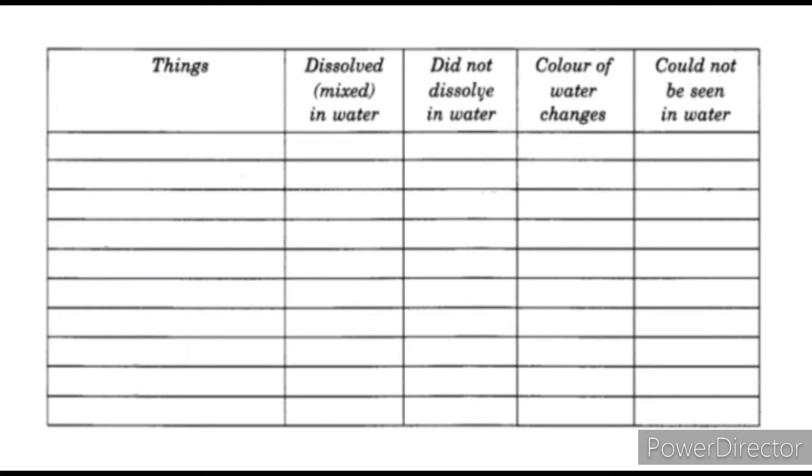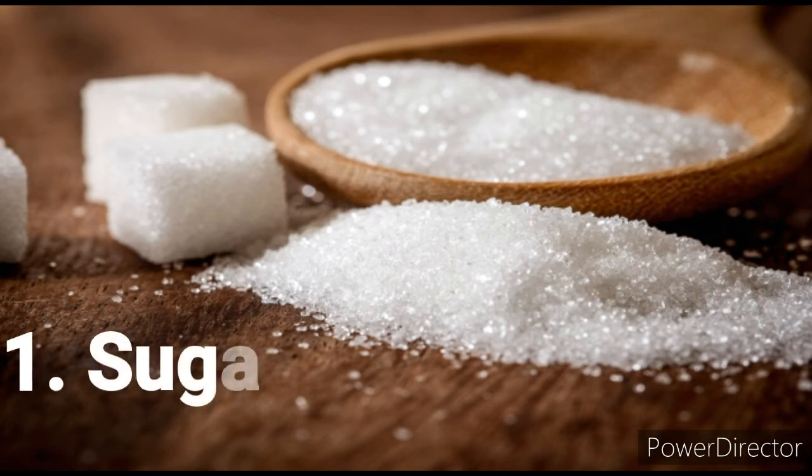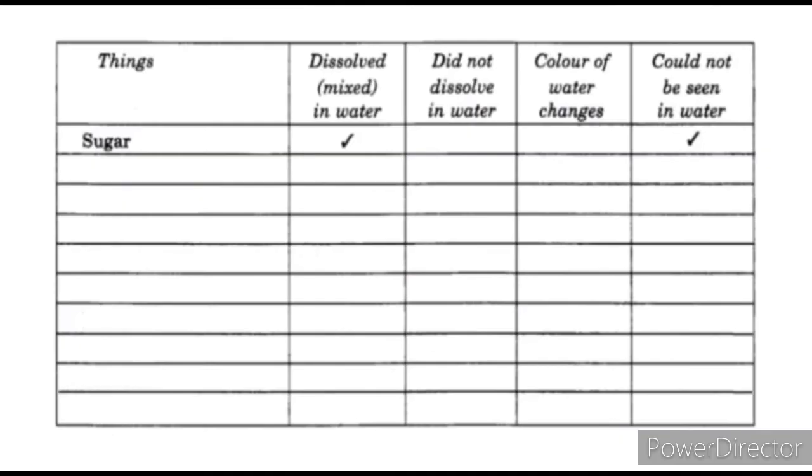One I will do for you. As usual I am doing one for you, so that you get an idea how to do the activity. Now the first thing is sugar. So this is sugar here. So now in the box, in the things, you write first one, sugar. Then does the sugar dissolve?